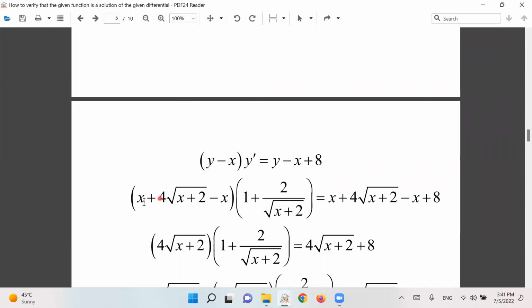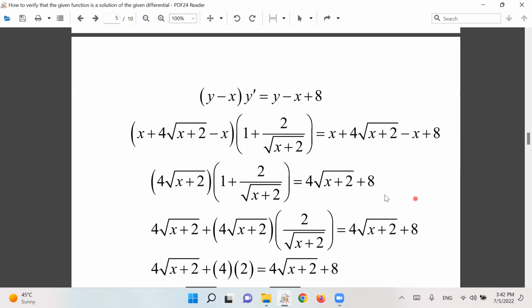Since we know y is equal to x plus 4 times the square root of x plus 2, this is given in the question, this is equal to y minus x, same, then y dash. Y dash is the derivative we have just found: 1 plus 2 over the square root of x plus 2. It is equal to y, again the value of y is the same as we have written it over here, minus x plus 8.